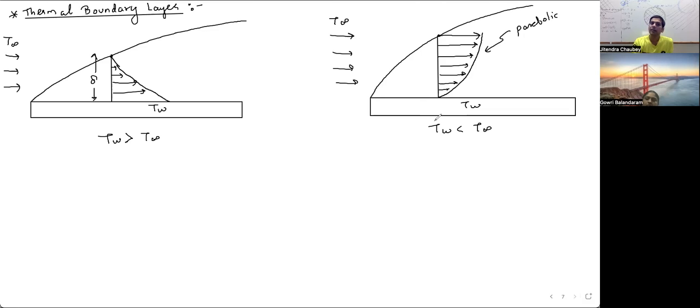So these are thermal boundary layers, which we must know are formed while understanding the heat transfer concept. Look, now there are two types of layer. One layer is the velocity boundary layer and another layer is the thermal boundary layer.